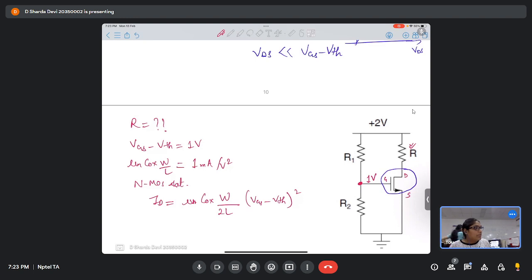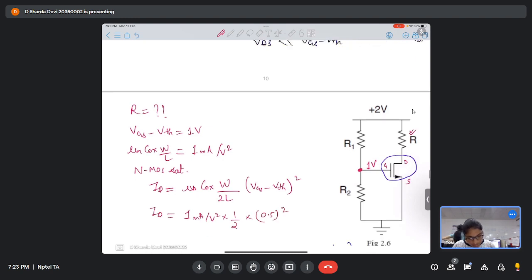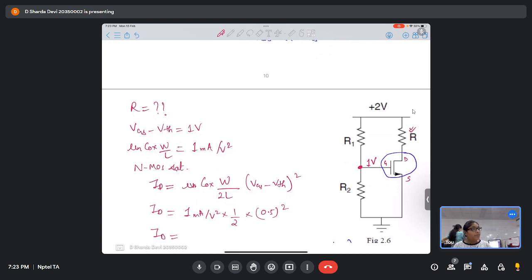So when we are applying this formula, how much is the ID that we get? What is the ID that we are getting?